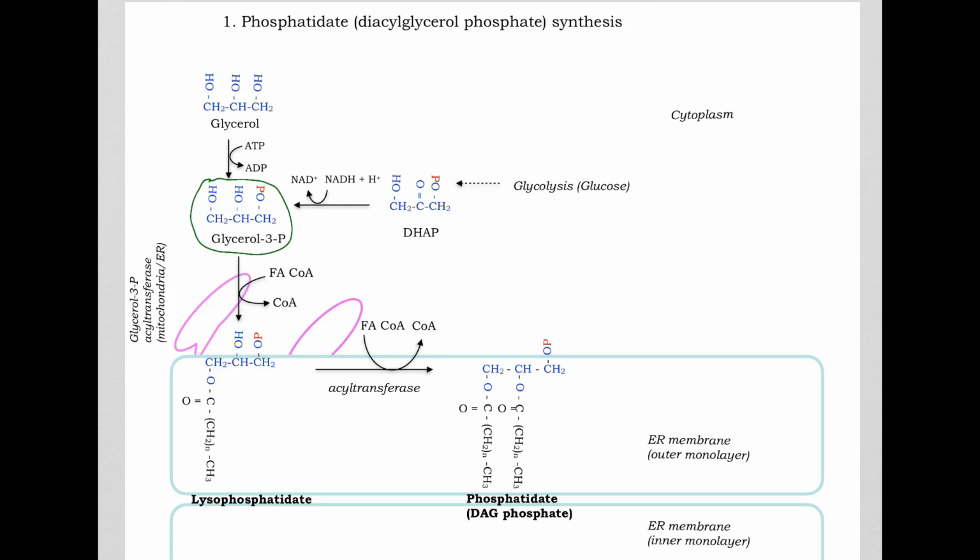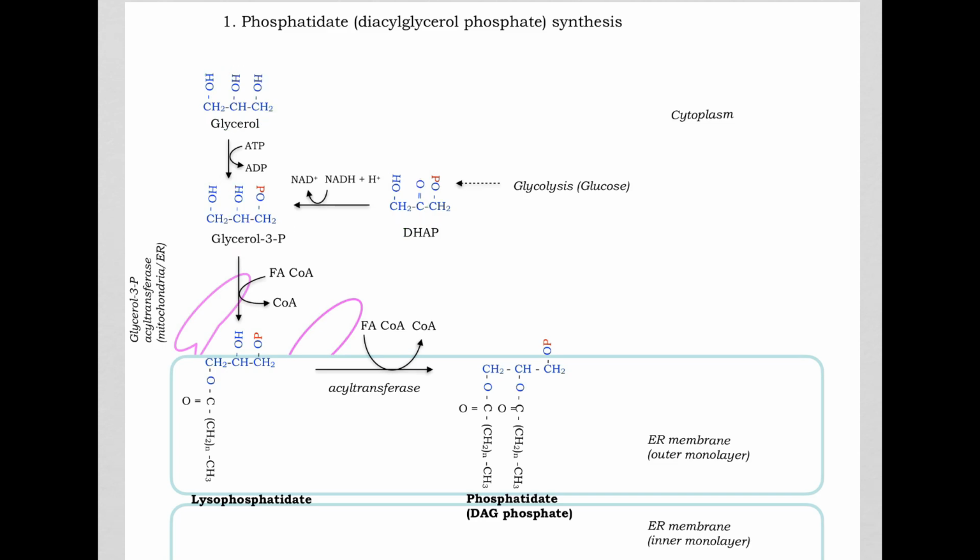So what we need is this building block. This is glycerol 3-phosphate, and glycerol 3-phosphate can come from the reduction of dihydroxyacetone phosphate. You can see this CO group is reduced to an alcohol. And dihydroxyacetone phosphate, if you remember, is an intermediate of glycolysis. We can also get glycerol 3-phosphate from glycerol by phosphorylating this OH group here.